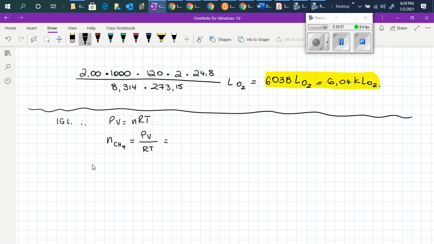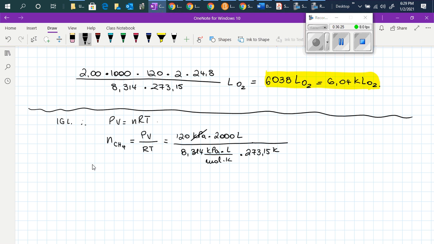So in our case it will be 120 kilopascal times the volume, 2,000 liters, over 8.314 kcal over mole K times 273.15 Kelvin.